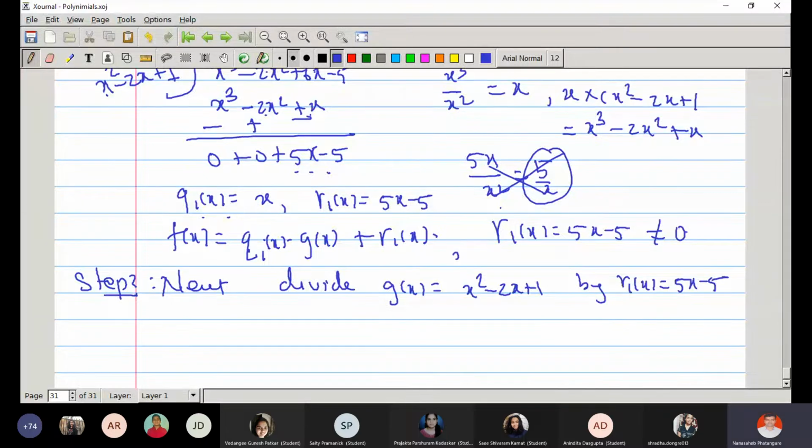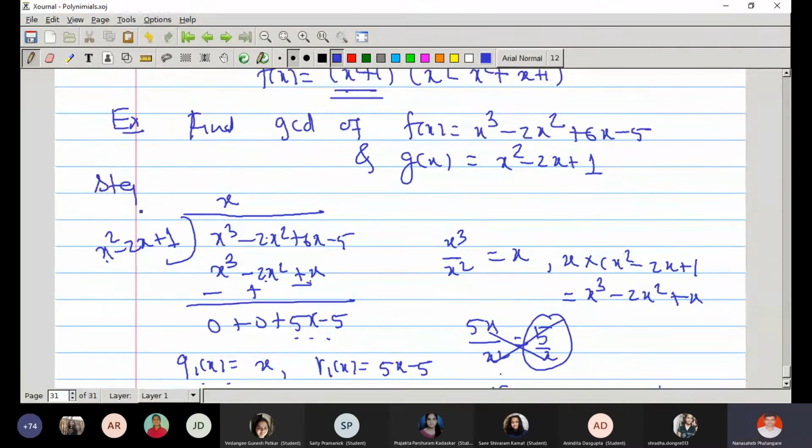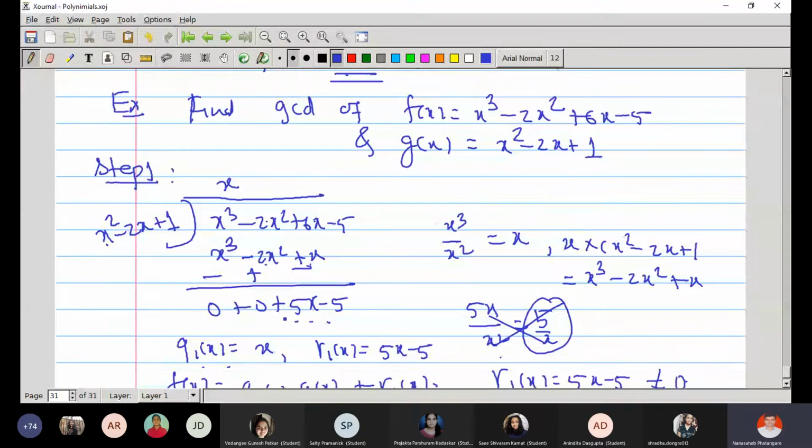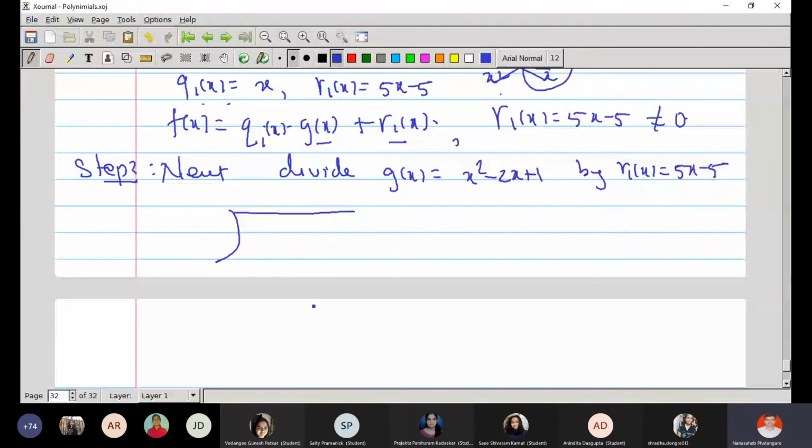In the first step we divided f(x) by g(x) and the remainder is r1. Now divide g(x), x square minus 2x plus 1, by 5x minus 5.